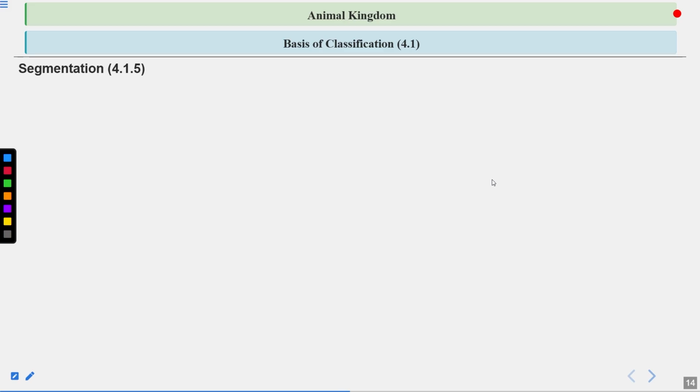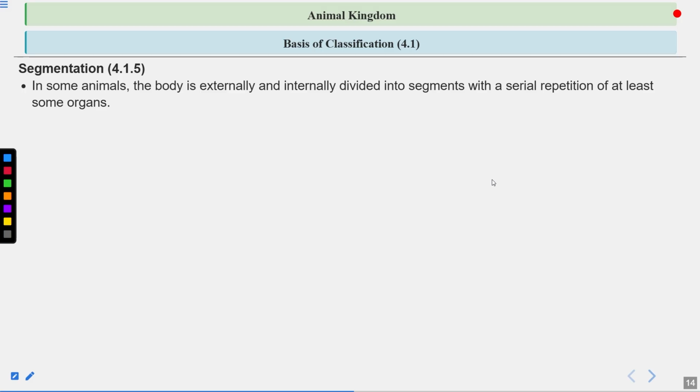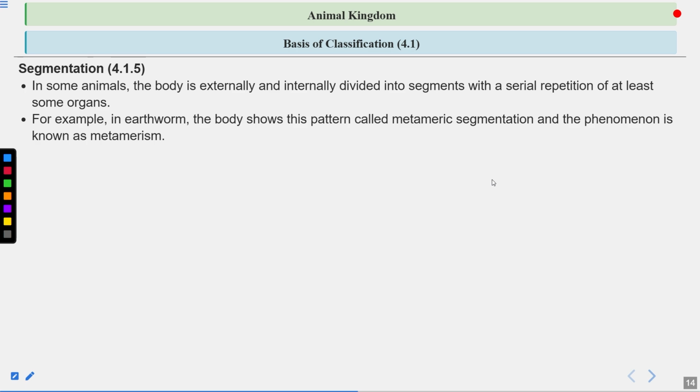Now we will talk about segmentation. In some animals, the body is externally and internally divided into segments with a serial repetition of at least some organ. So that is the metameric segmentation. For example, in earthworm, the body shows this pattern called metameric segmentation, and the phenomenon is known as metamerism.